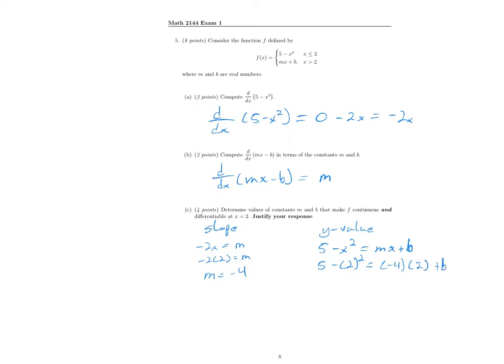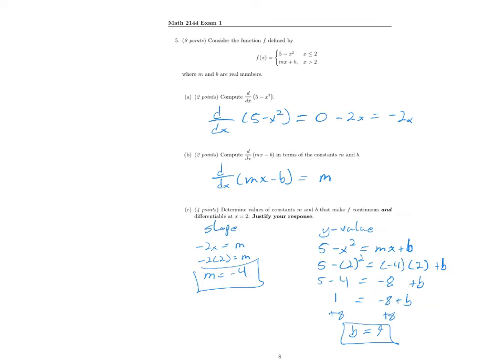So we're going to want to solve this for b. We have 5 minus 4 equals negative 4 times 2, which is negative 8, plus b. Combining things on the left-hand side, we get 1 is equal to negative 8 plus b. So plus 8, b equals 9. So our answers here are m equals negative 4 and b equals 9.